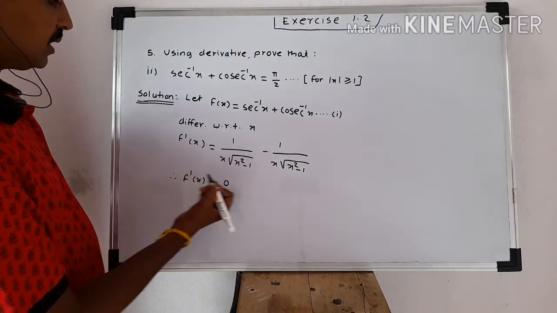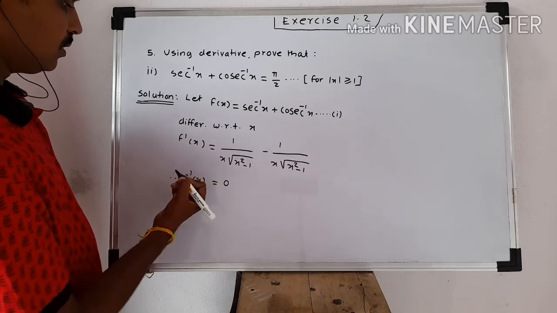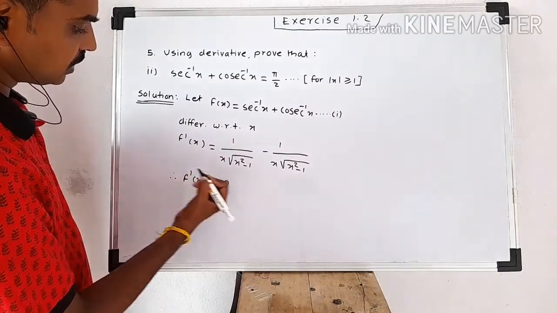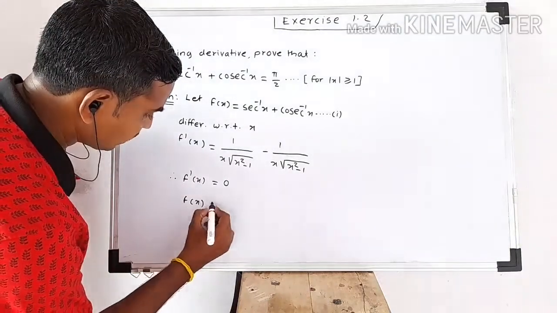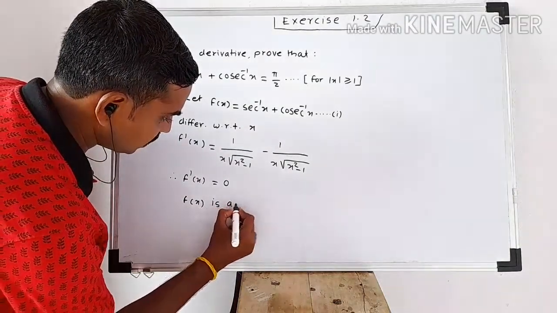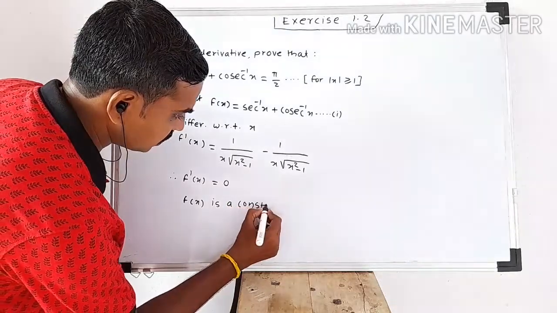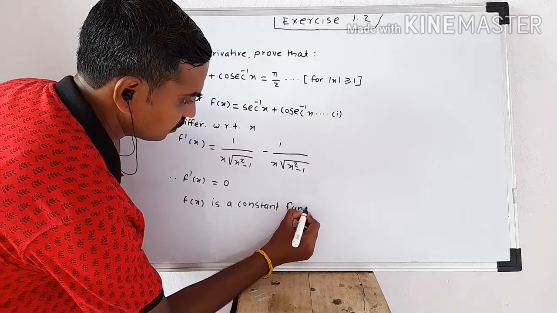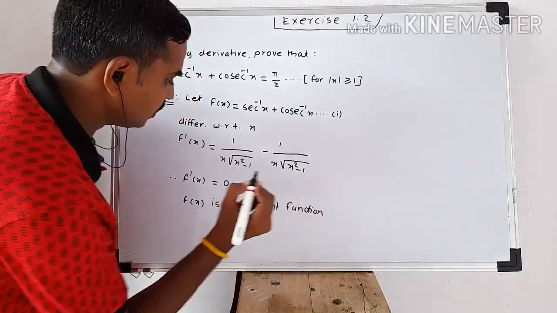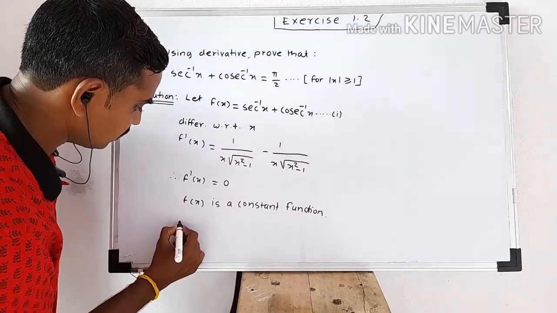In a similar manner, when the derivative of a function is 0, f of x is a constant function, because the derivative of a constant function is 0.